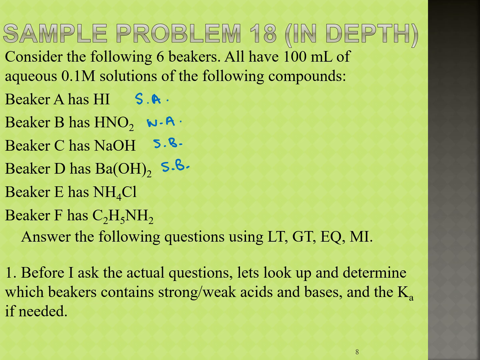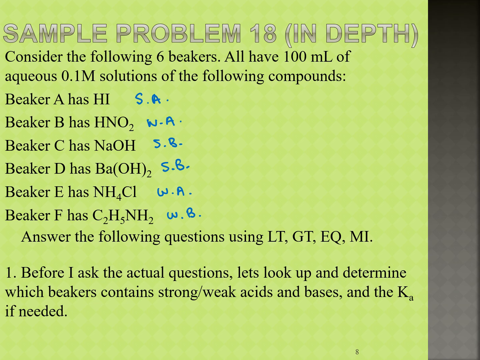The chloride is going to be neutral. So the overall thing is going to be a weak acid. And then we have our C2H5NH2, and that's going to be a weak base because there's an amine in that molecule.